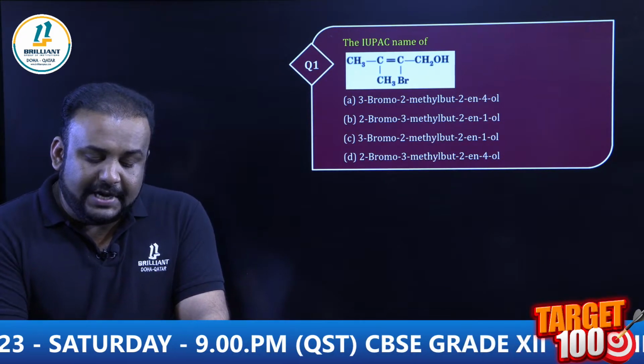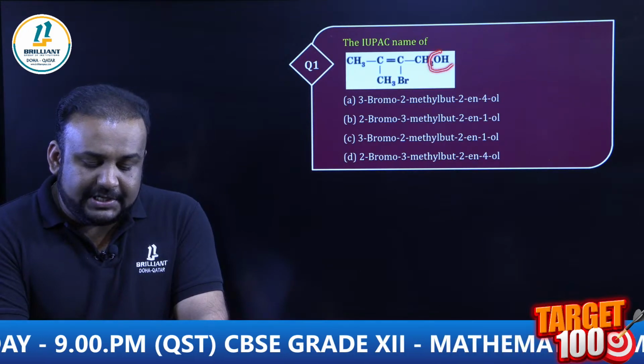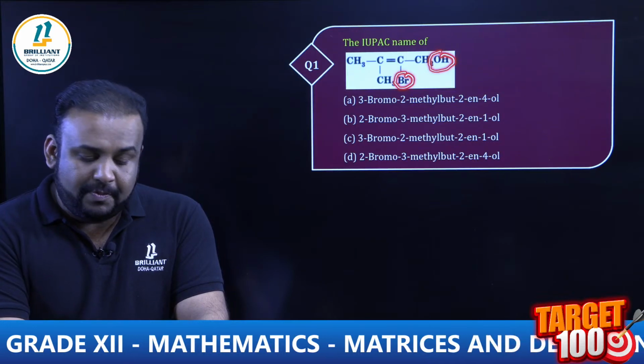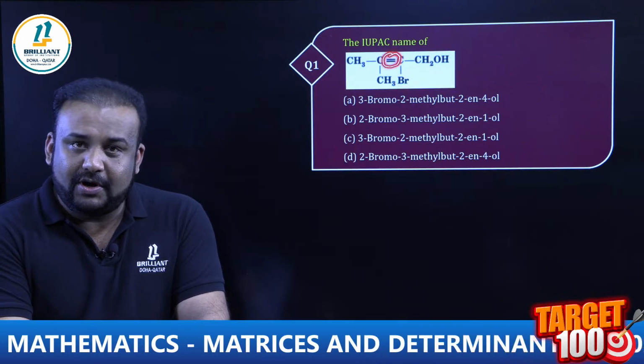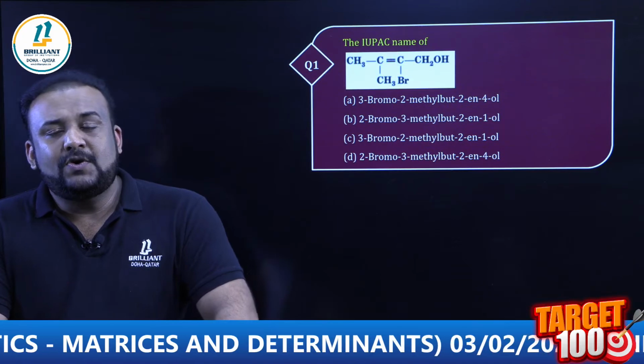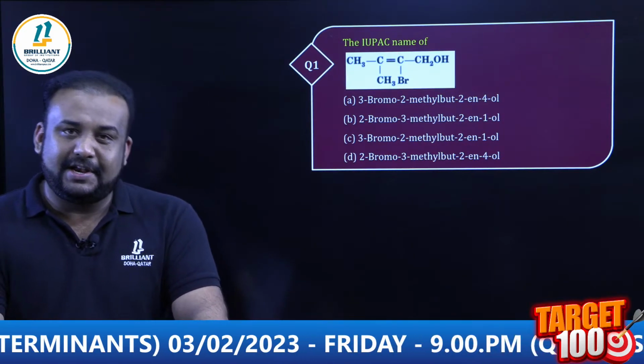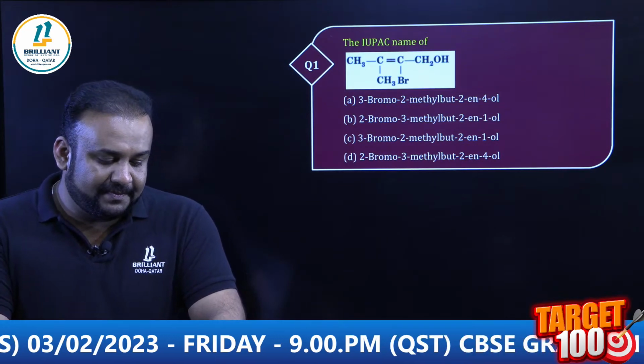So here you can see there is OH, which is alcohol, there is bromine, which is a halo group, and then there is a double bond, which is alkene. As per the priority, which functional group should be treated as the principal functional group?